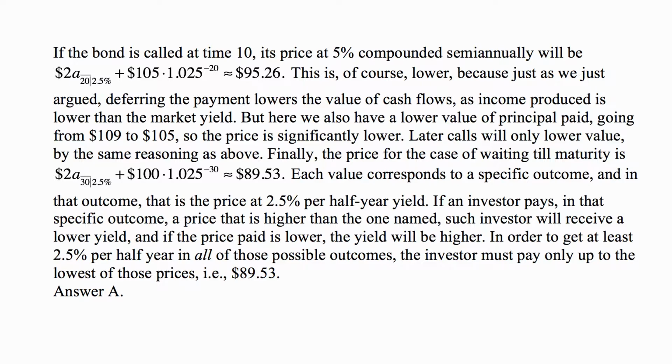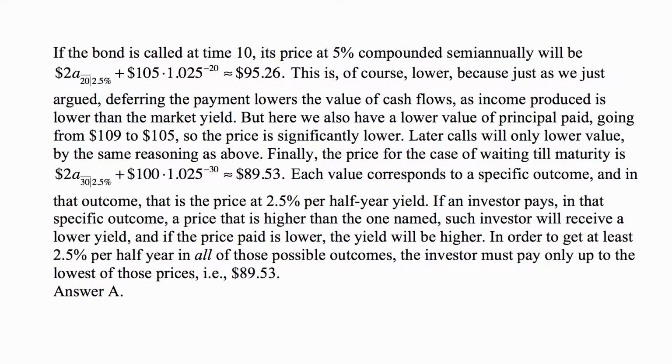This is, of course, lower because, just as we argued, deferring the payment lowers the value of cash flows, as income produced is lower than the market yield. But here we also have a lower value of principal paid, going from 109 to 105, because the call price is different, so the price is significantly lower. Later calls will only lower value by the same reasoning as above.